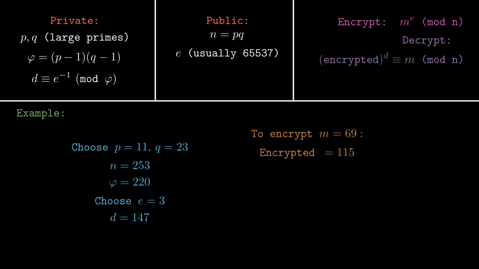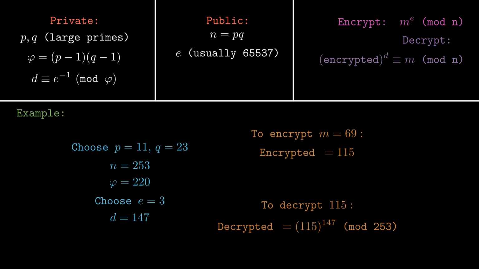To reiterate, the only things an outsider could know are n, e, and the encrypted number. But there's no way of getting the secret number out from just this information. However, all I need to do to decrypt is compute the encrypted number raised to the power of d mod n, which in this case is 115 to the 147 mod 253.